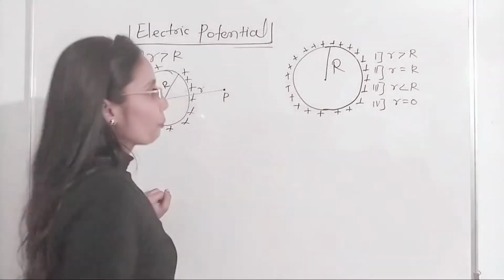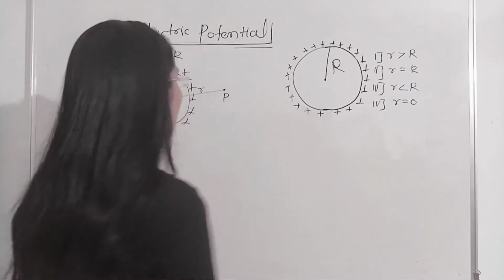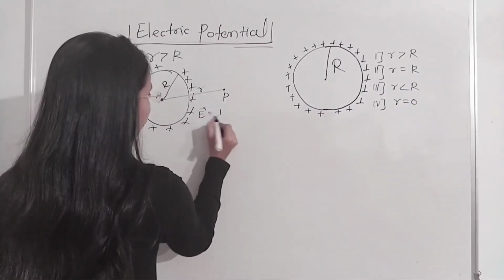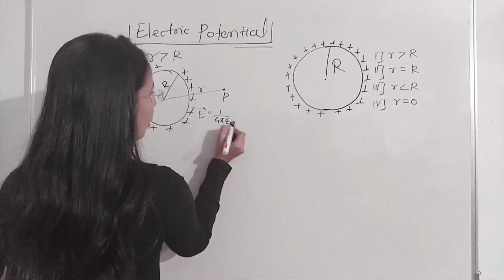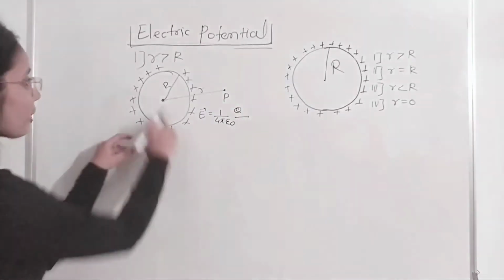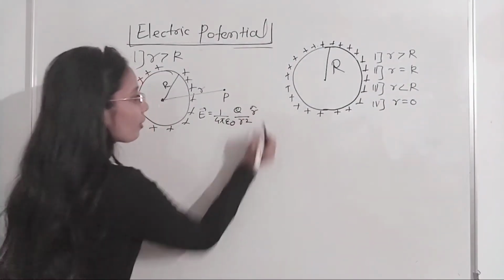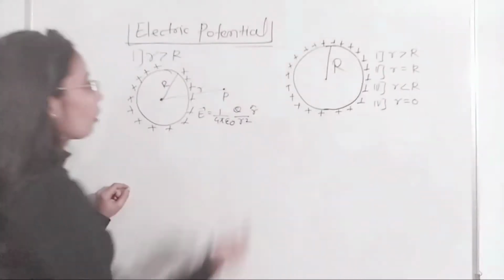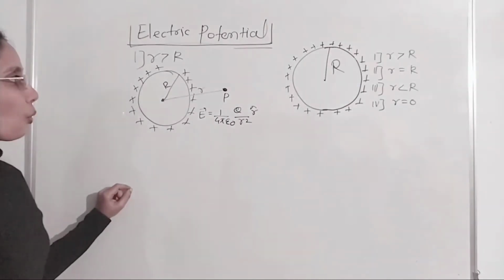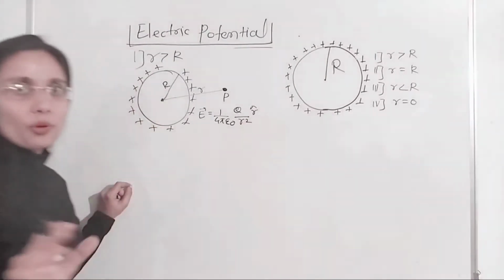We know that the electric field at that point is E bar equal to 1 upon 4 pi epsilon naught, q by r square, r cap, where small r is the distance of that point from the center. So we have to pick up a charge from infinity.